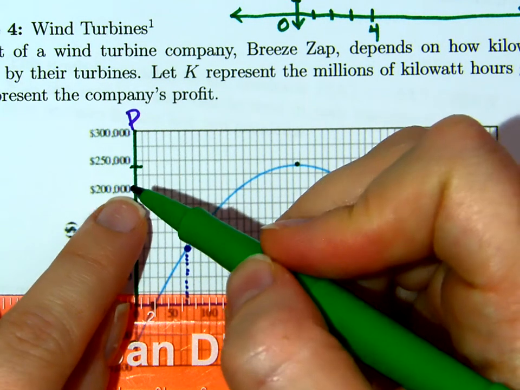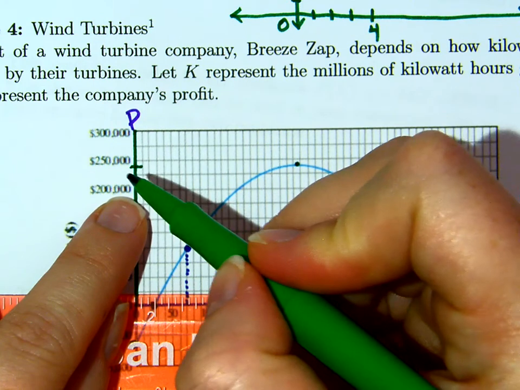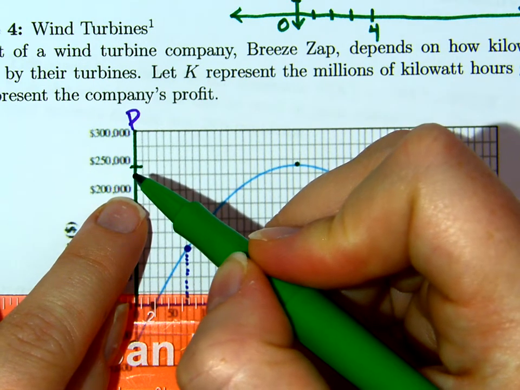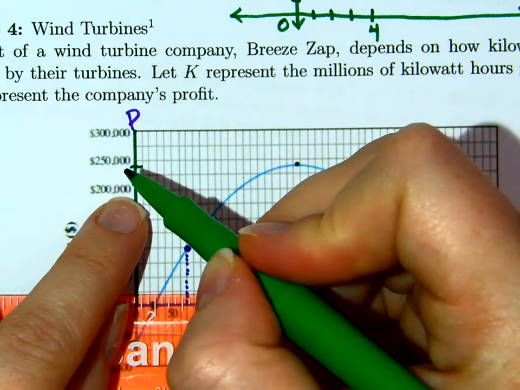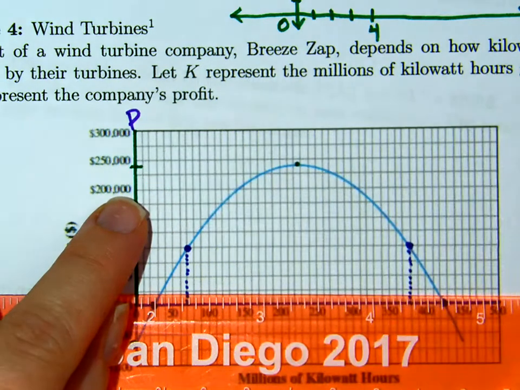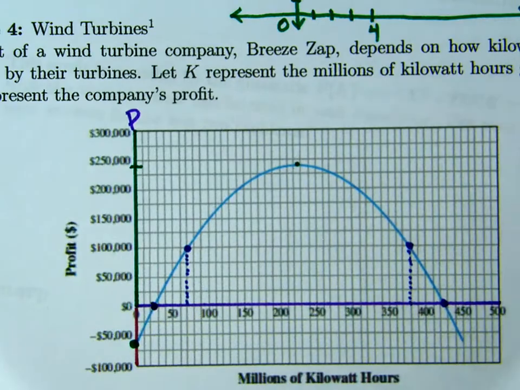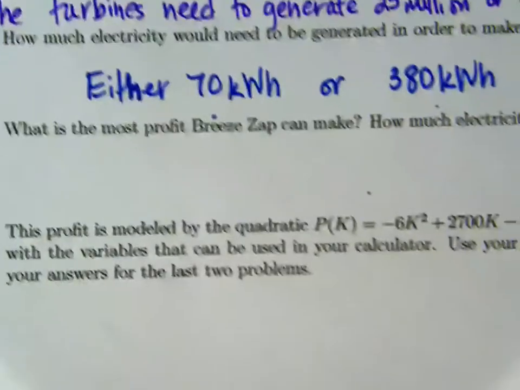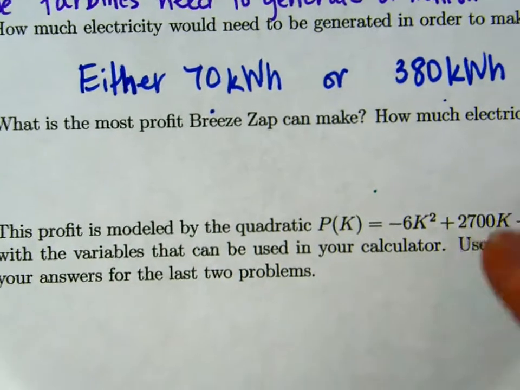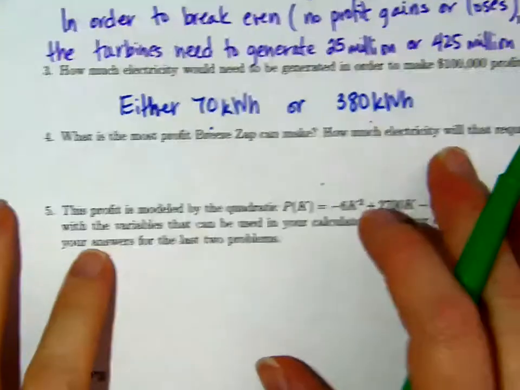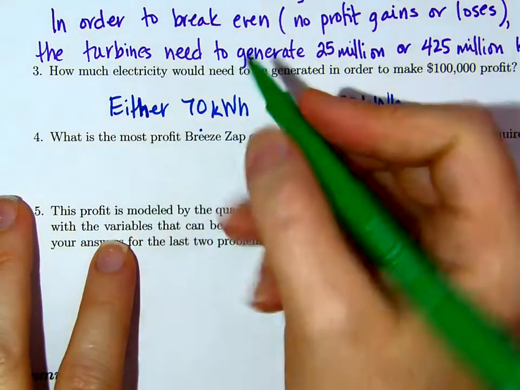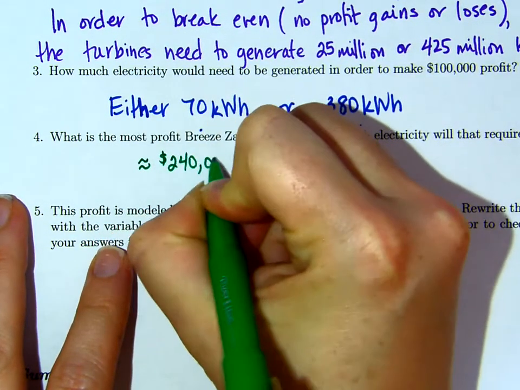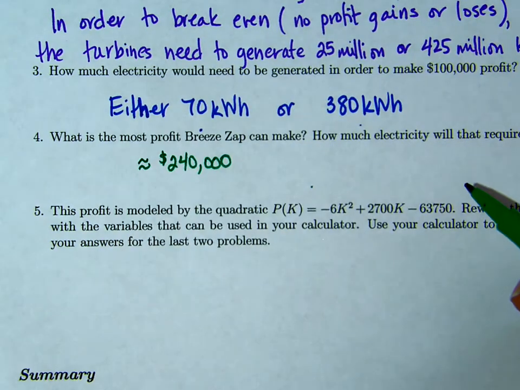So maybe this would be, what is this? 225,000 and then, I don't know, maybe 240,000. So roughly speaking, 240,000. Let's put that to the side. Oh, but I didn't check to see how much electricity that would require. So the most profit, about $240,000 in profit. How much electricity?